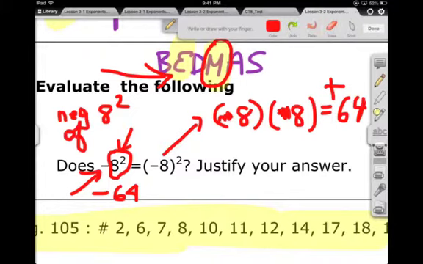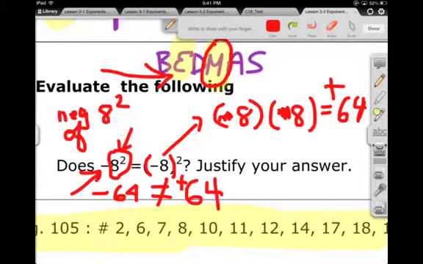We don't have a minus sign hanging around out in front of the 8. Because this is in parentheses, that's the base. It's negative 8 squared. The previous example, the base was positive 8 squared, and then you just took the negative of the answer. Negative 64 does not equal positive 64. On a number line, those are 128 jumps apart.